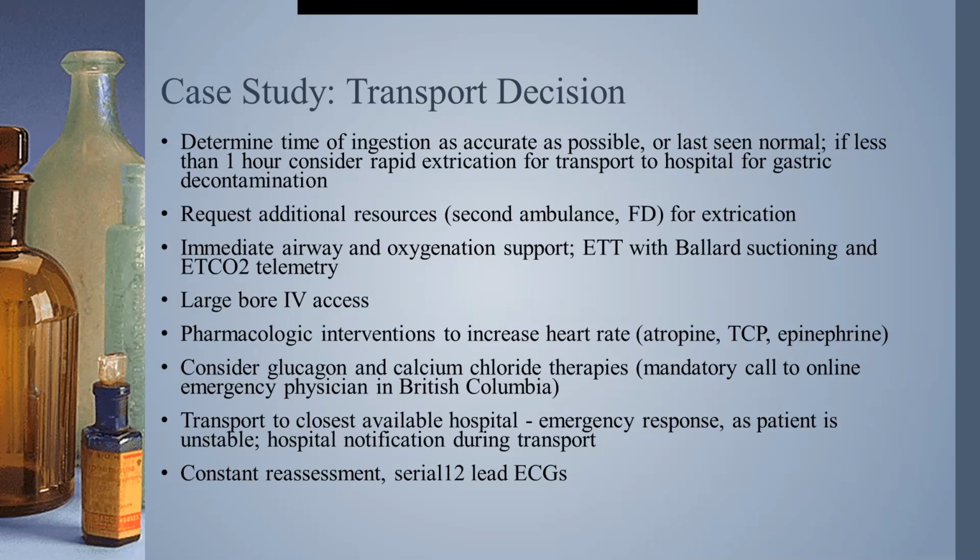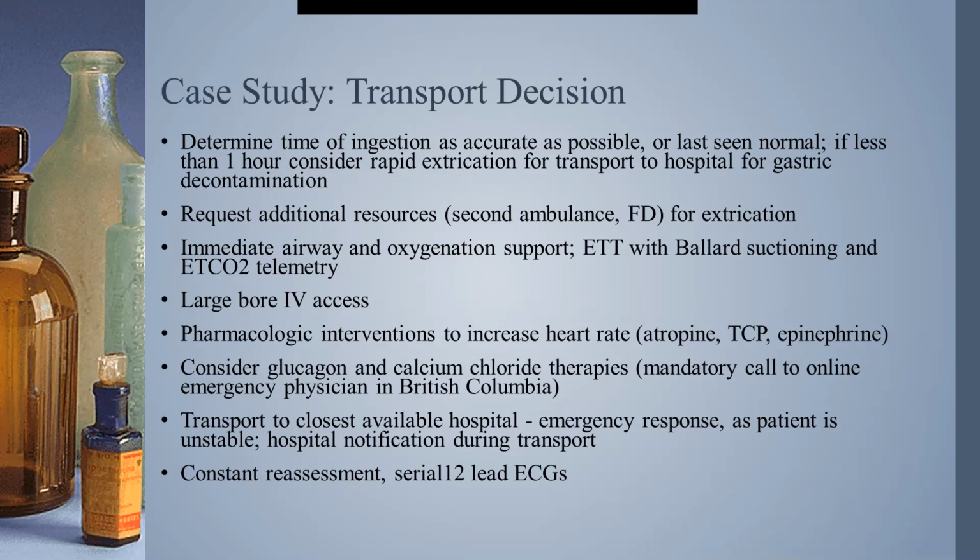Pharmacologic interventions to increase the heart rate: treating with atropine 0.5 milligrams to max of 3, transcutaneous pacing, epinephrine 2 to 10 mics per minute. You can consider glucagon and calcium chloride therapies, which in British Columbia are a mandatory call to our online physician for patients with a pulse.